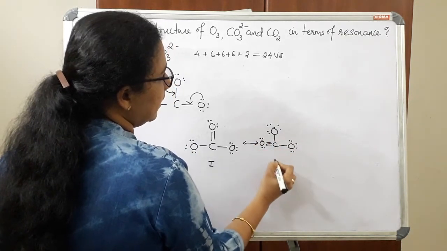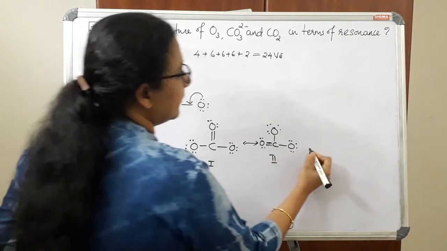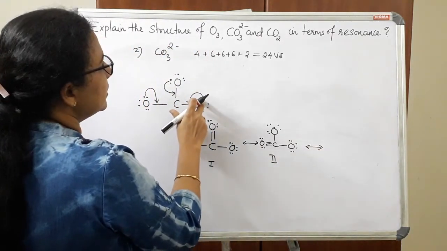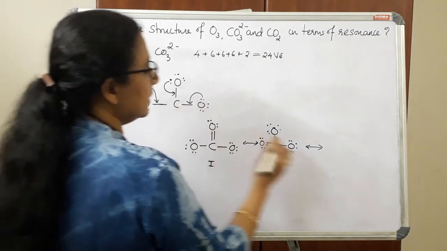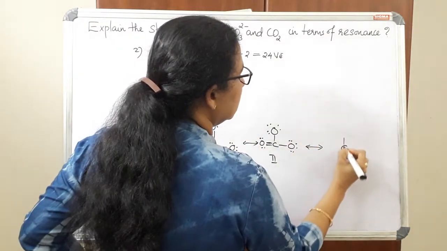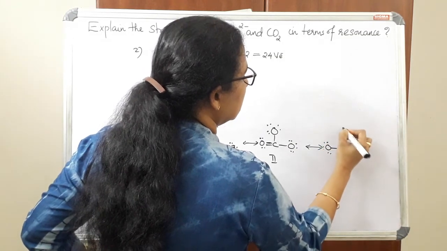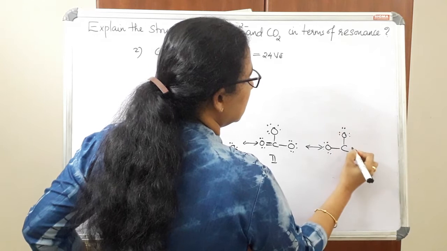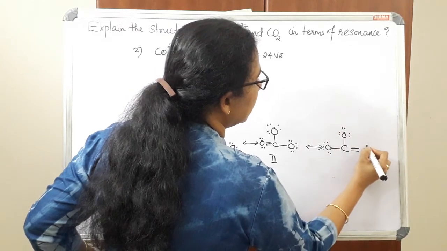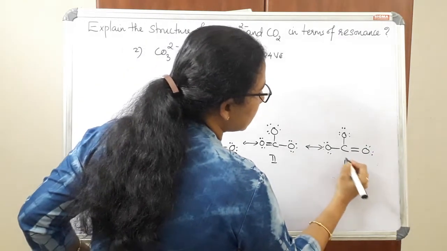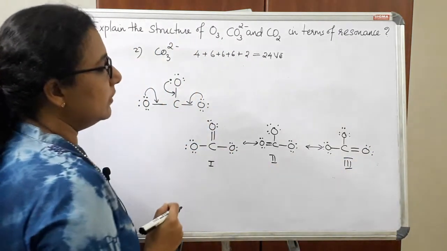So this is the second structure, and we can draw one more structure if we shift these electrons towards here. Here we will get a double bond. So these 3 structures are all Lewis structures.